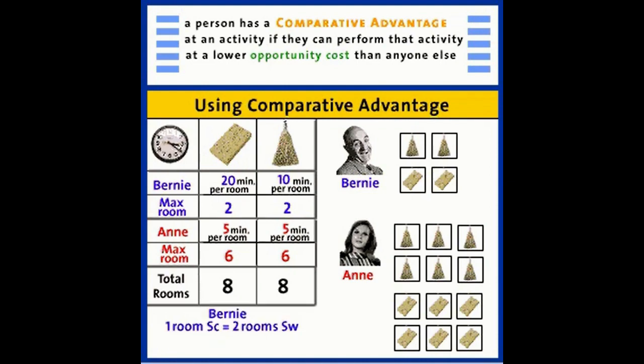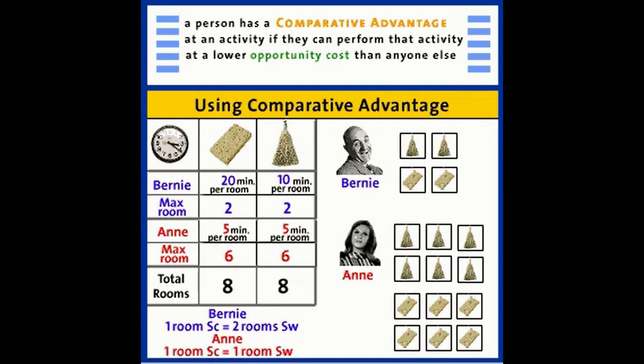So that's his opportunity cost. Now, you can also express this by dividing both sides by 2. His opportunity cost of sweeping one room is half a room that he doesn't then have time to scrub. So the opportunity cost for Bernie of scrubbing one room is 2 rooms worth of sweeping that he doesn't do.